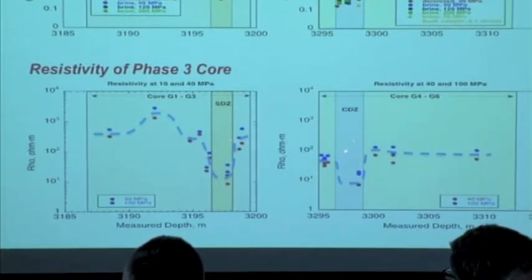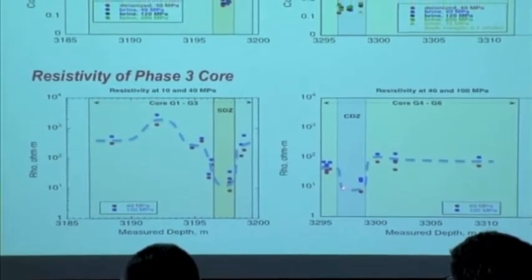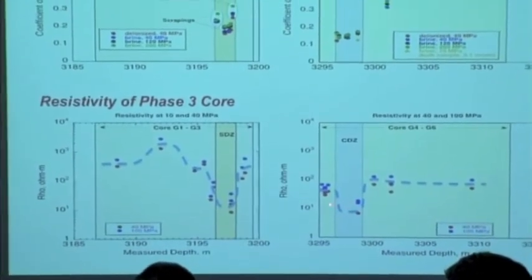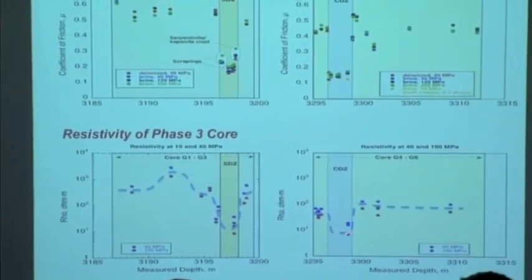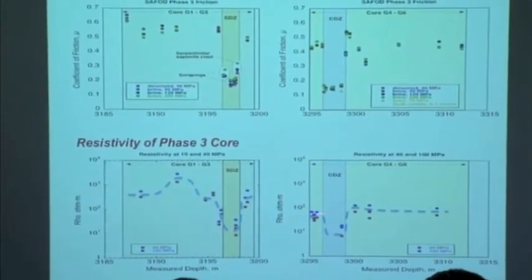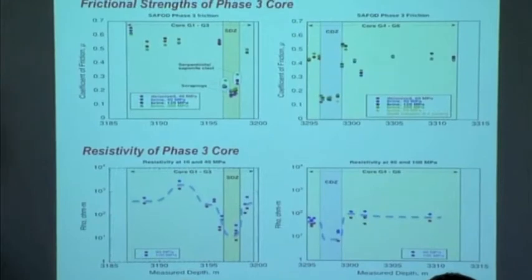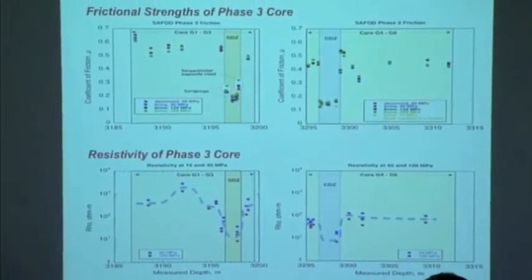And then for the central deforming zone, again, the lowest resistivities are within the faults, within the actively deforming clay-rich layers. The low resistivity is probably due to the fact that these are clay-rich materials that are deforming. And on either side in the damage zone, we have about a factor of 10 higher resistivity.